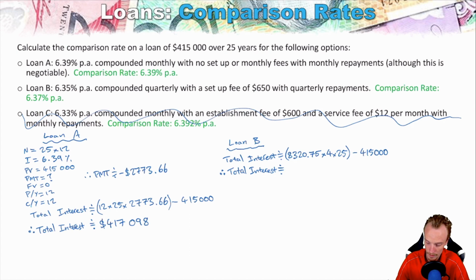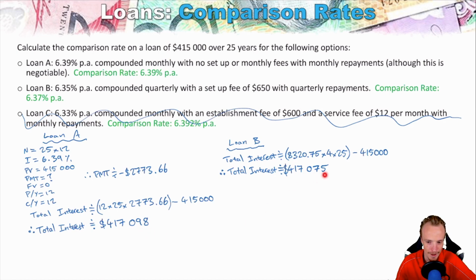This is a total interest of approximately $417,075. So what we now do is we compare how much total you're going to pay over and above the loan throughout that 25 years. Now you can see here that loan B is in fact lower than loan A.